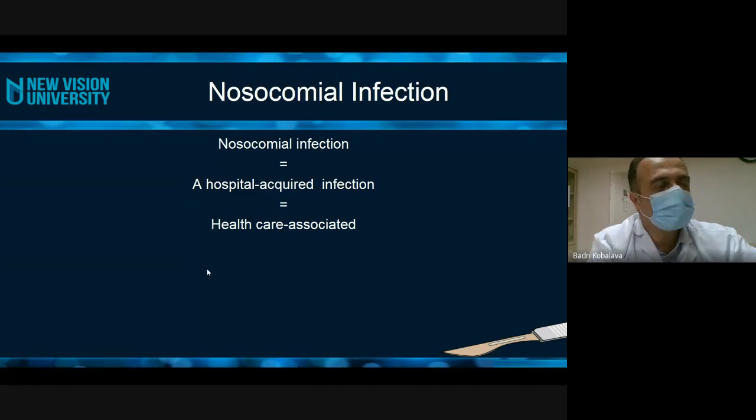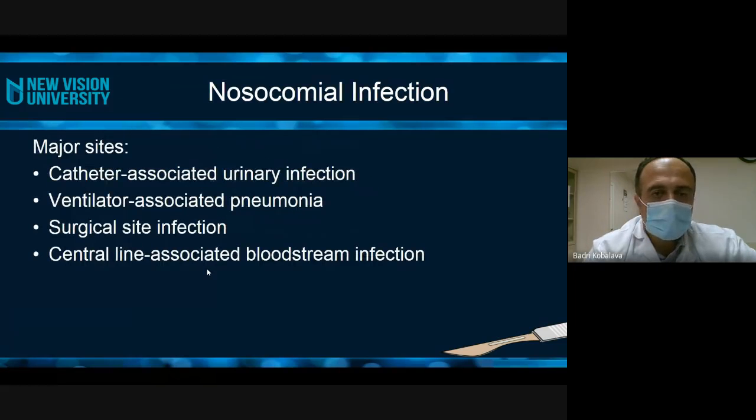So actually, this is selection. All the microorganisms which are sensitive to generally used antibiotics are already killed, and only resistant microorganisms remain. That's why such infection, hospital-acquired infection, is difficult to treat.